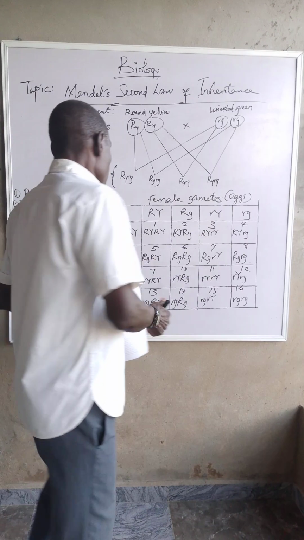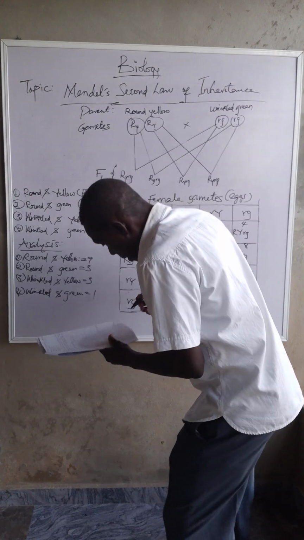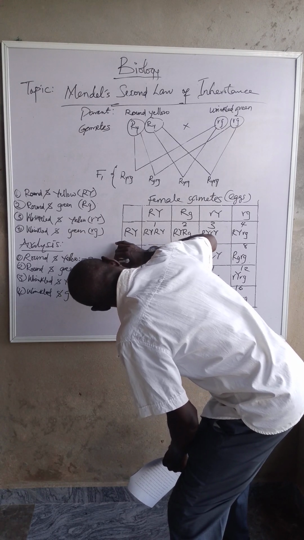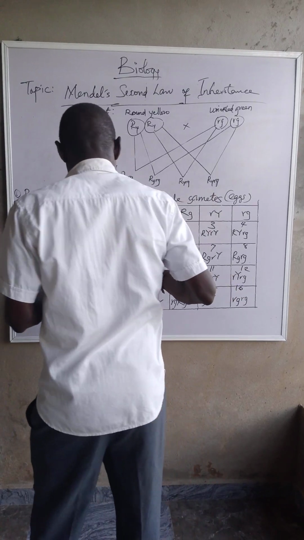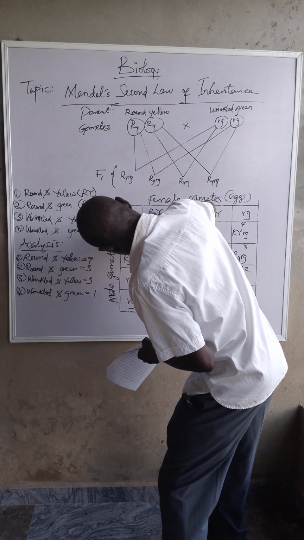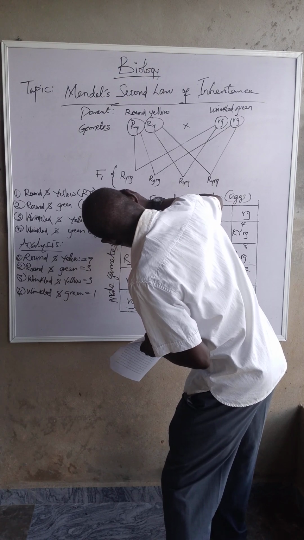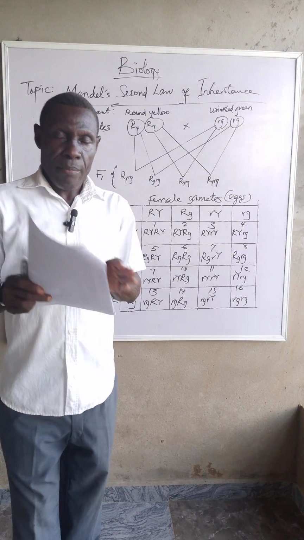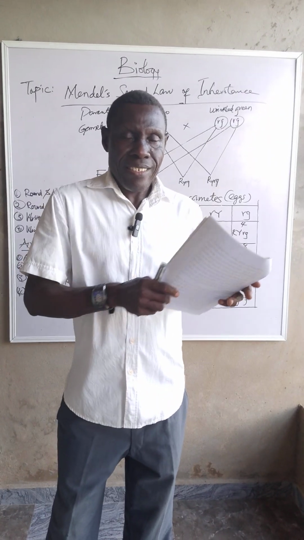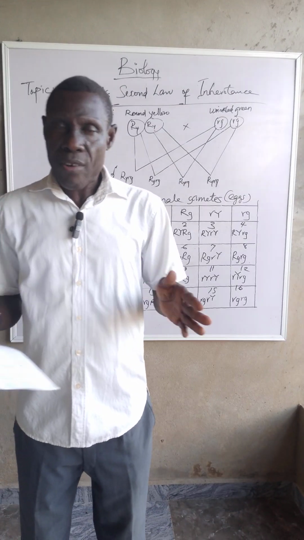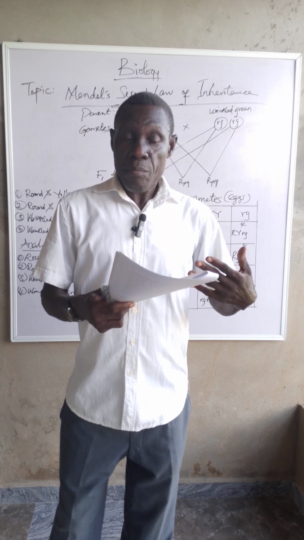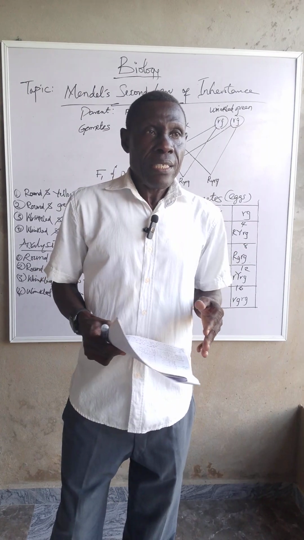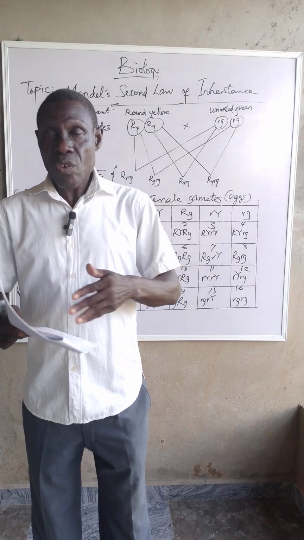Now here you have the male gametes, which are the pollen grains. In a flower, as a biologist, you know that we have the anthers and the stigma as parts of the flower. The anthers carry the pollen grains, which we regard as the male part of the flower. The stigma connects to the ovary.